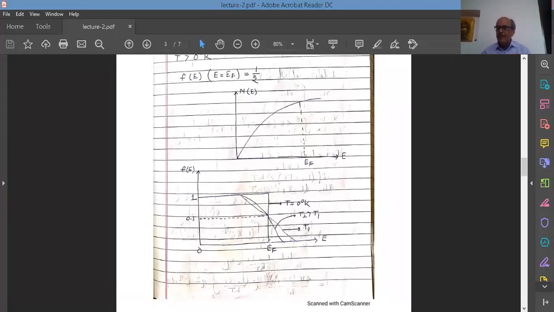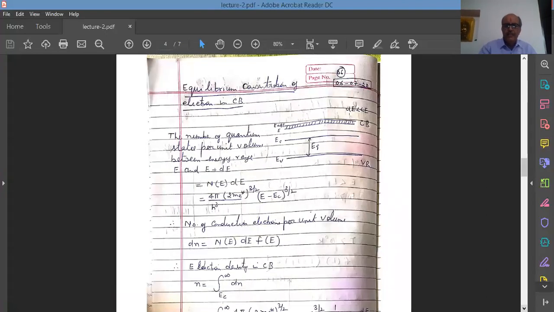In fact, the electrons which lie in the vicinity of the Fermi level are the ones that contribute. But here you simply have to remember what the density of states and the Fermi-Dirac distribution function are. Why are we going to talk about these things? That will be clear to you in the next transparency.